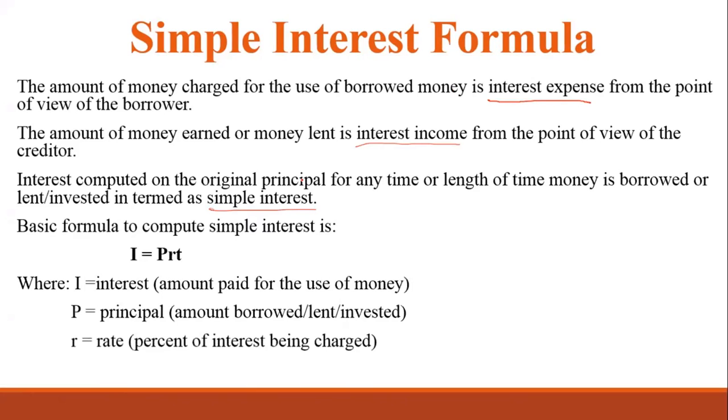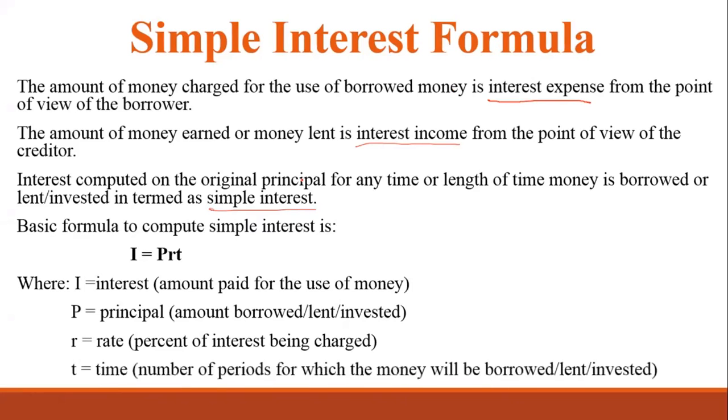R, or small letter r, is the rate, or this is the percent of interest being charged. And T is the time, or this is the number of periods for which the money will be borrowed, lent, or invested. Okay, so I = PRT.